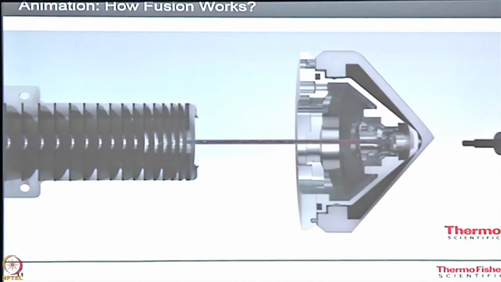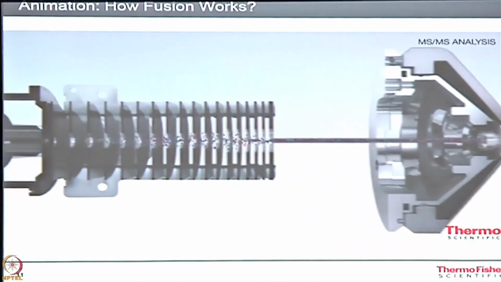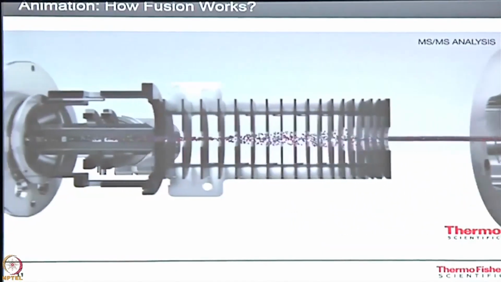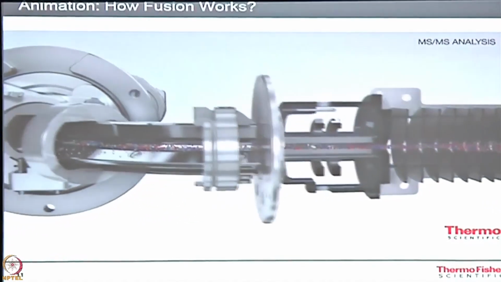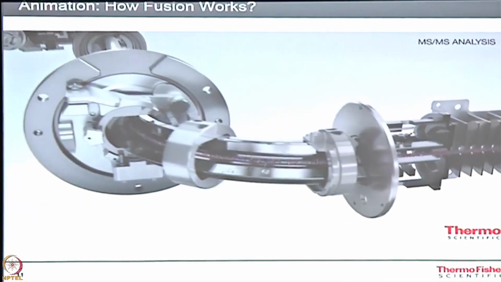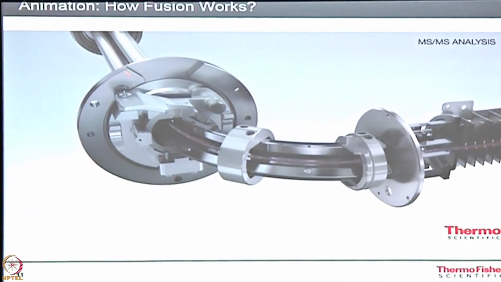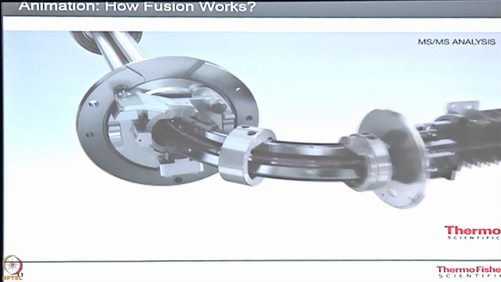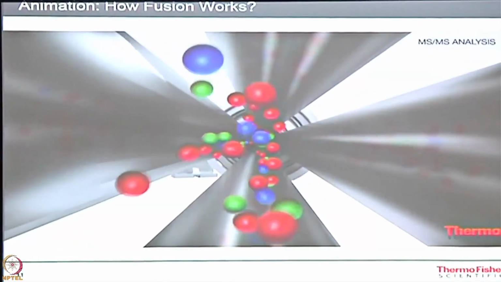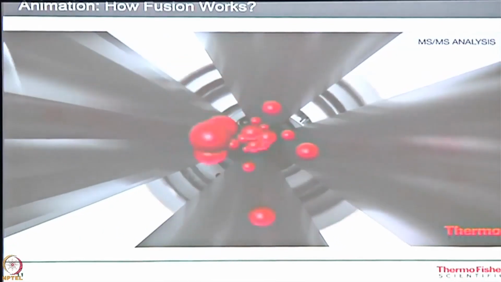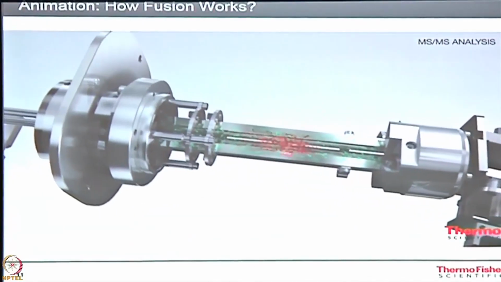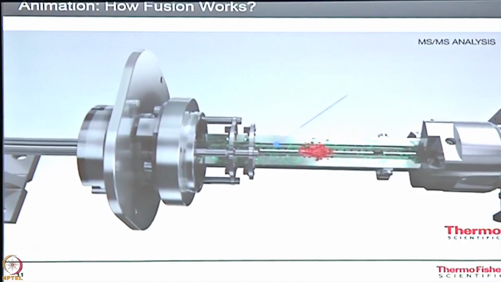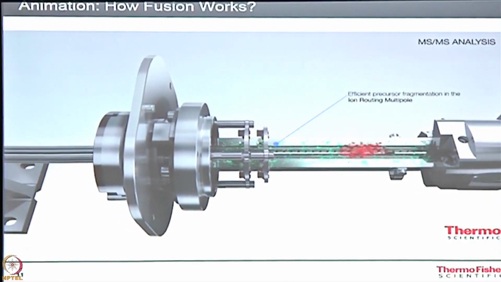What happens in the MSMS? In the case of MSMS, only one molecule is filtered from this mass. Only one molecule is filtered, and that gets fragmented and then detected as MS2. So the same thing happens: ions are going, and inside the quadrupole only one molecule will be there, so the others are filtered out. Now that molecule goes to the ion routing multipole and gets fragmented. Here it is fragmented in the HCD mode, which is nothing but collision induced dissociation with high energy.